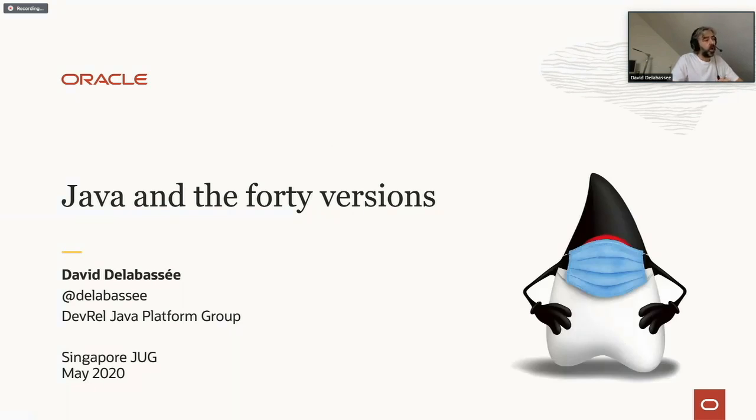So the title of the session is Java in the 40 version. The thing is that more and more I realize that, given we have accelerated the cadence of the Java release, people are somehow confused about what's in Java. So today what I want to share with you is what features will be added in 2020 in the Java platform.